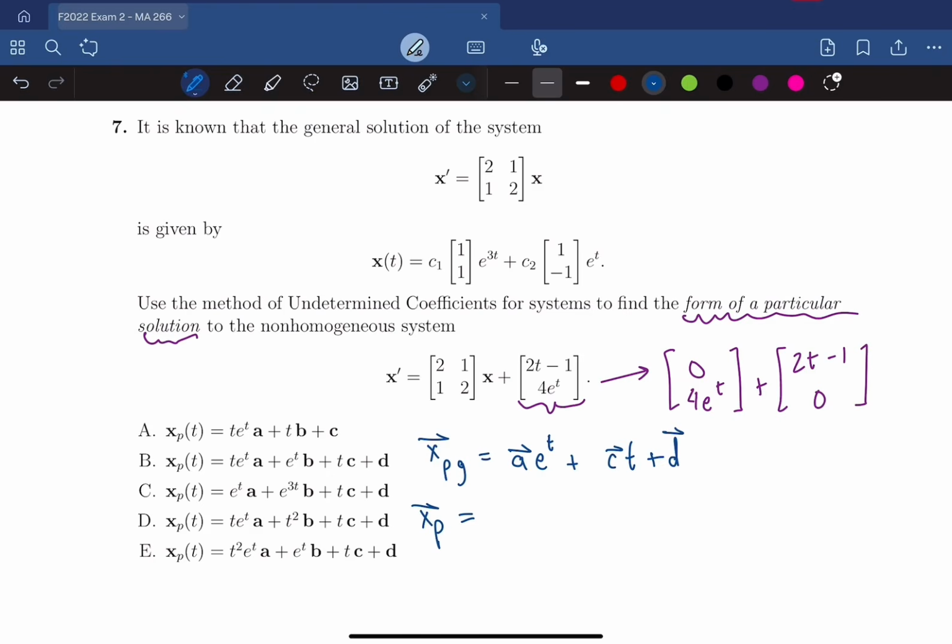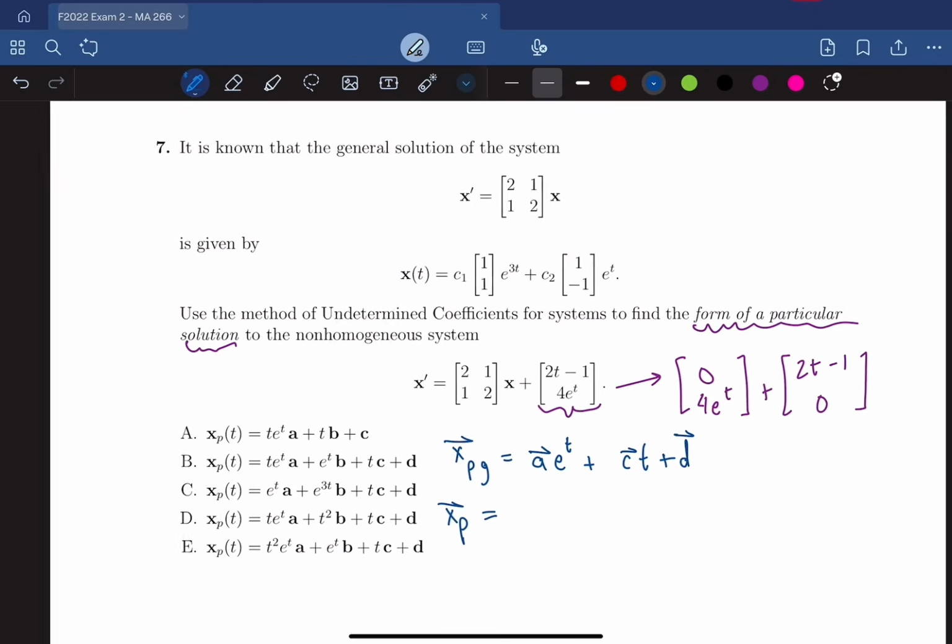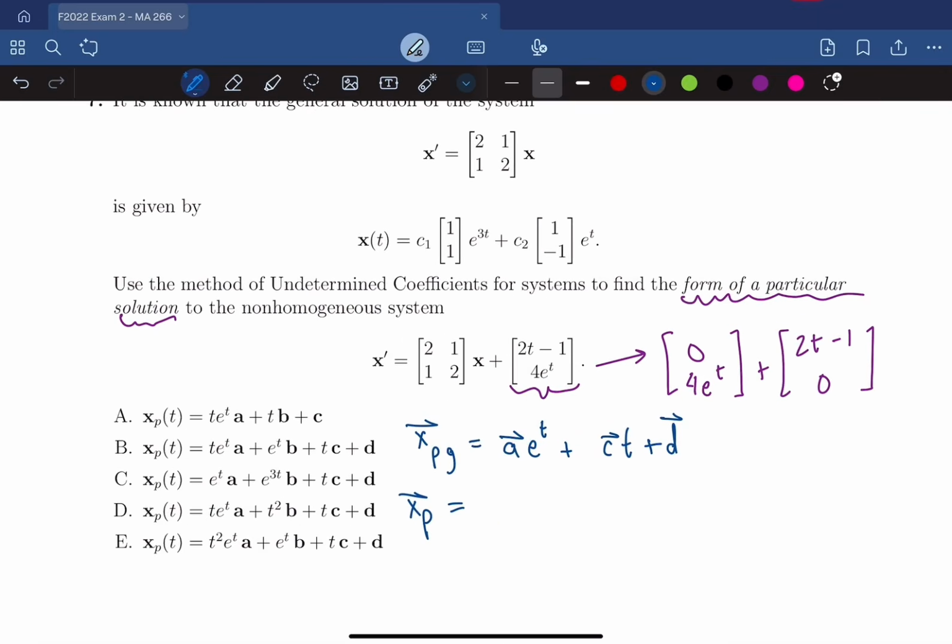In systems, this procedure is a little different. You keep your a times e to the t, but you add a term and multiply that term by t, so you have a e to the t plus bt e to the t plus ct plus d.